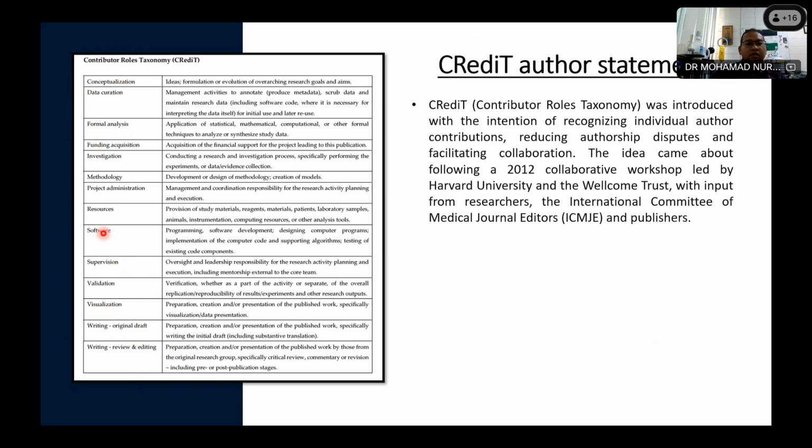For the students, normally I put data curation, formal analysis, investigation, methodology. So normally the major contribution is from the students. Sometimes I will ask the students to do it, but most of the time I will do it for you.